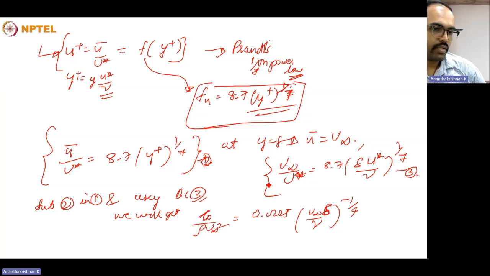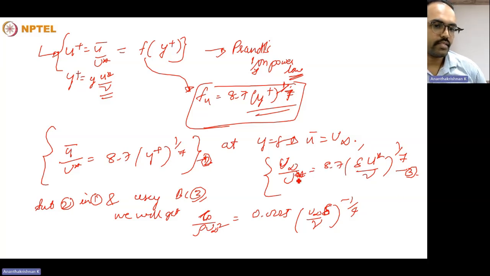So we know the velocity profile, and we differentiate at x equal to 0, and substitute it in this equation, and we'll get the value of delta. So we know u infinity by u star is equal to 8.7 delta u star divided by nu.